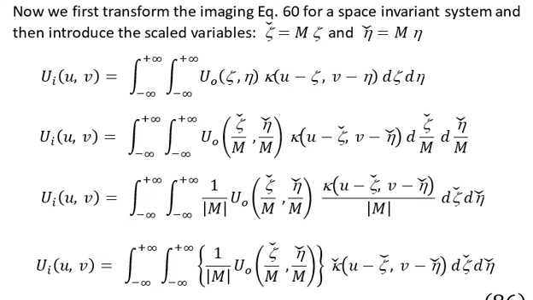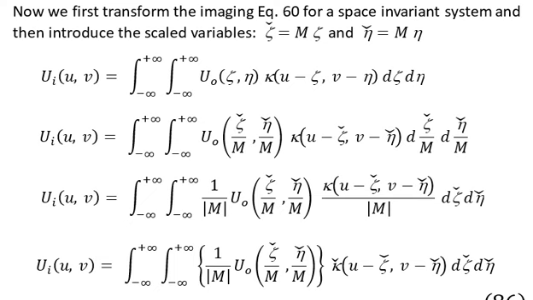And you know that in the second step we have ζ̂ over capital M as an argument of the u naught, and similarly η̂ divided by m as a second argument of the field u naught. Similarly, we have in the κ, u minus ζ̂ and v minus η̂, and dζ and dη have been replaced by dζ̂ over m and dη̂ over m.